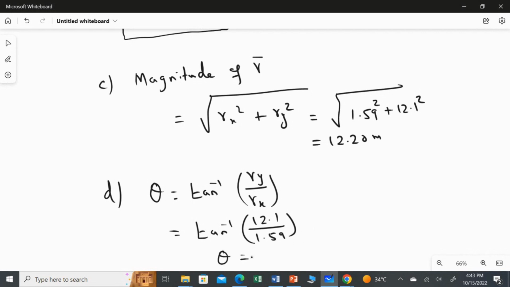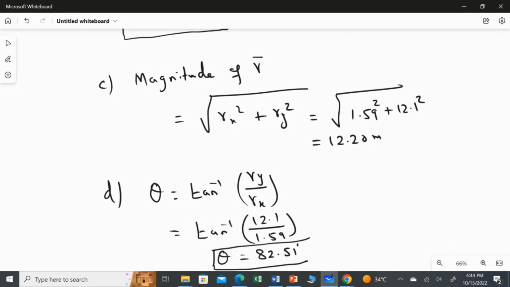Theta is equal to tan inverse of 12.1 over 1.59. We got 82.51 degree. So this is the answer for our fourth part.